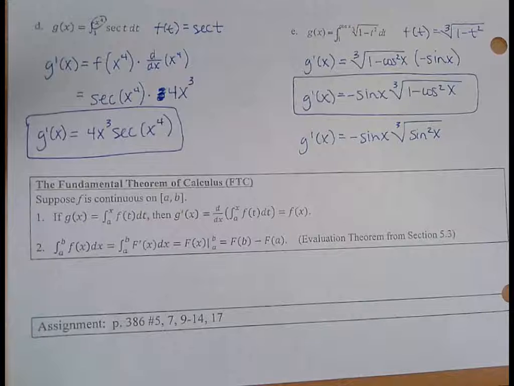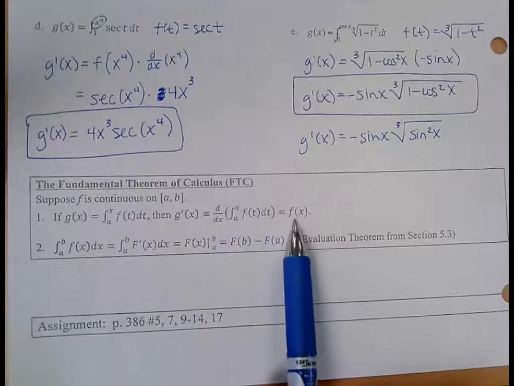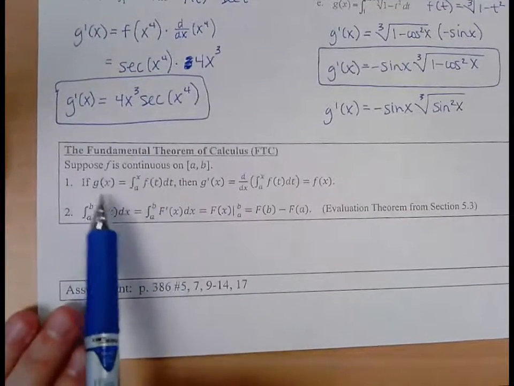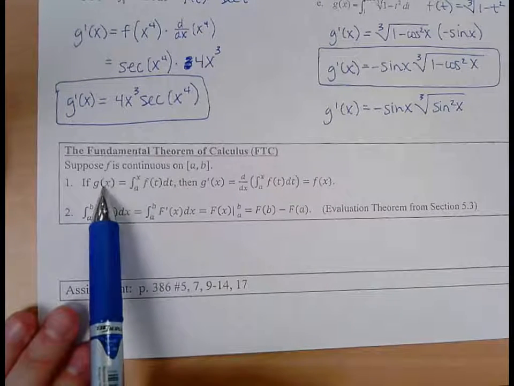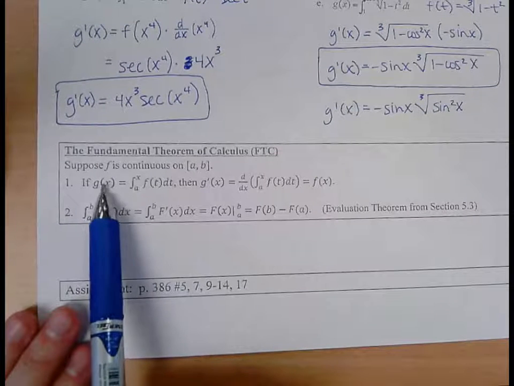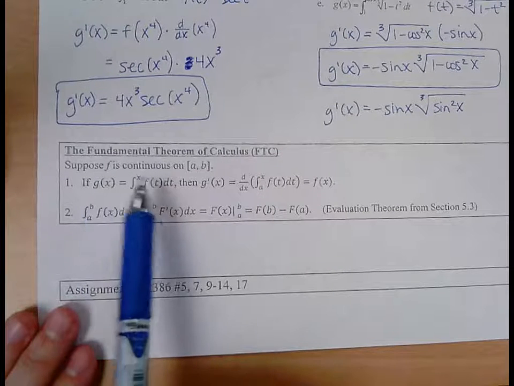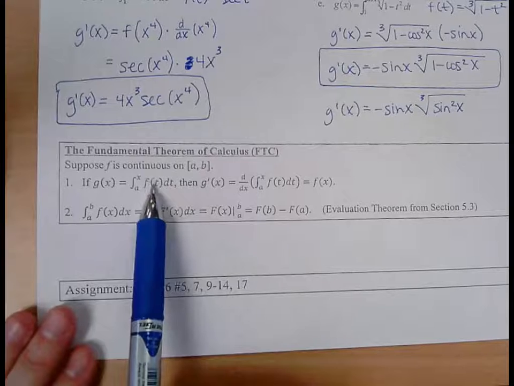So if you take the derivative of an integral, you're canceling out those operations to just get your original function f. You should also be able to recognize when you have a function of this form like we talked about yesterday, if g of x is equal to the integral of another function, g of x is really the antiderivative of f. We talked about that relationship yesterday. That's because the derivative of g is actually equal to f.